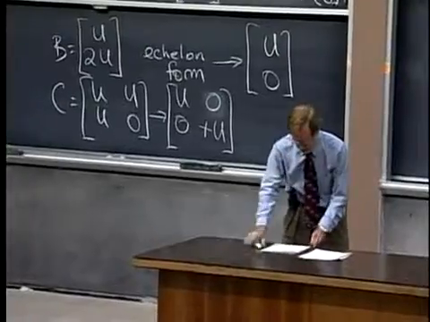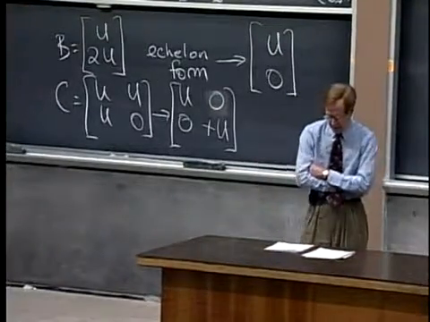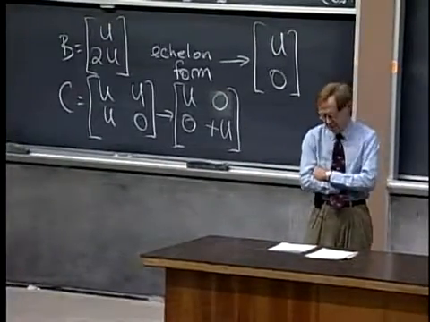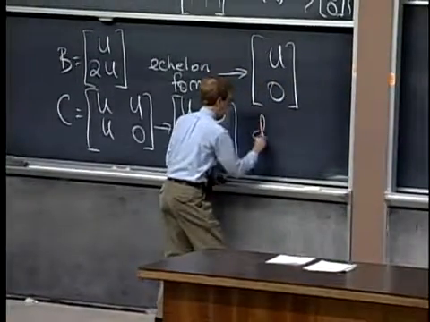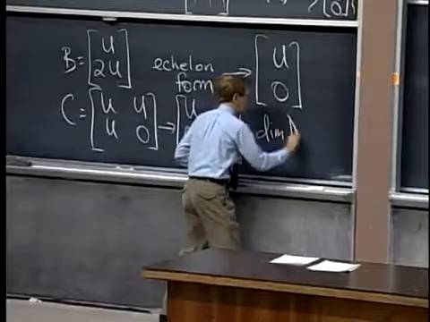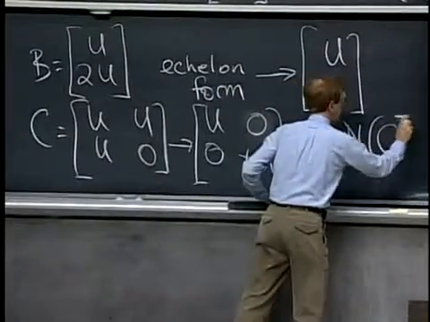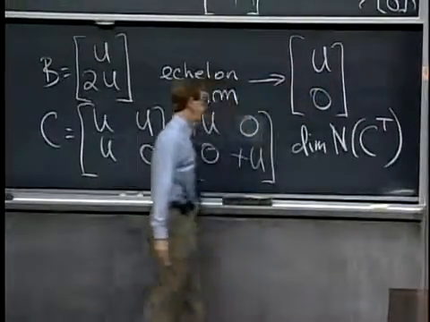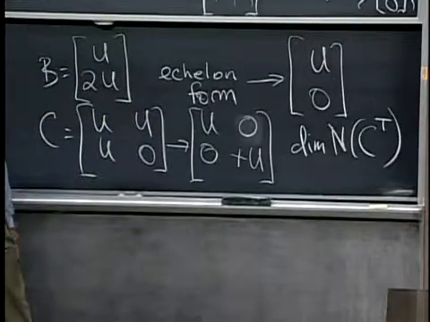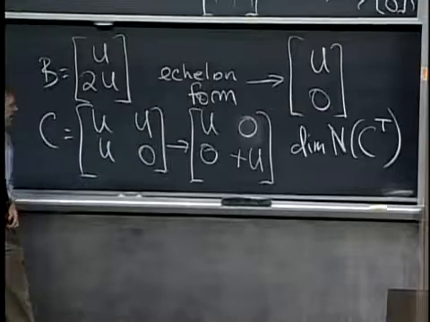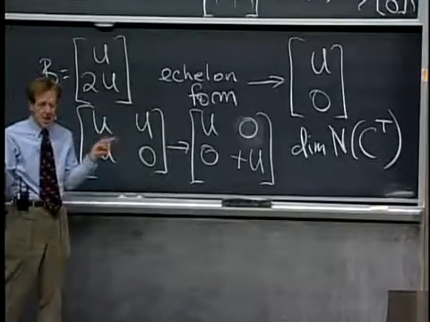Okay. Now finally, just an easy one. What's the dimension of the null space of C transpose? Oh boy. Okay, if I want the dimension of a null space, I want to know the size of the matrix.